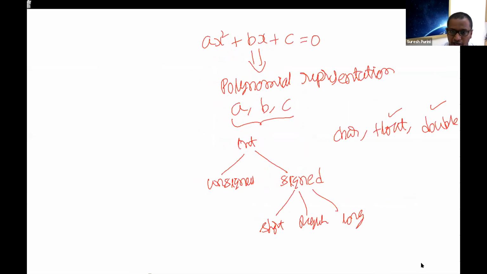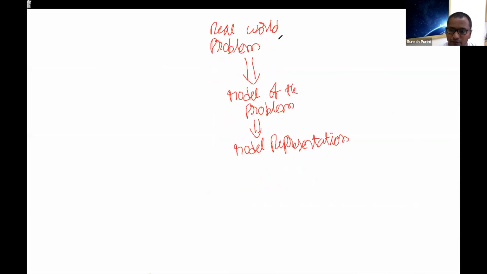So going back here, there is a real world problem, and what is the model of the problem that you are looking for, and what is the model representation? How do you store that model on your system? And once we have the model, we can do multiple algorithmic computations on this model.